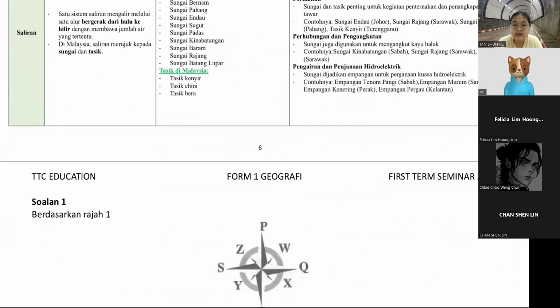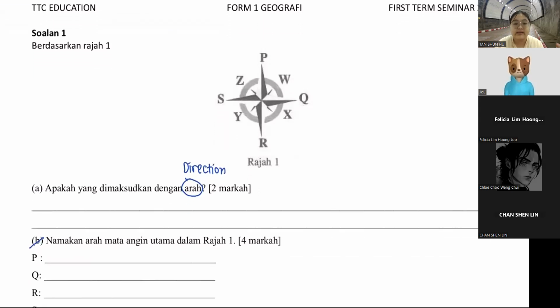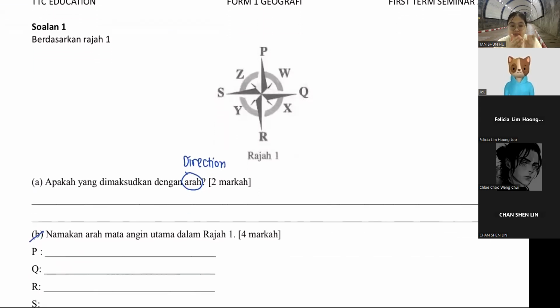All right. Now, page 7 is just a latihan, just to recap about the directions. Now, arah. What is arah? Arah means directions. Normally, how do we tell people about directions? We will use what? North, west, east, south, right? So, if the exam asks you, apakah yang dimaksudkan dengan arah?